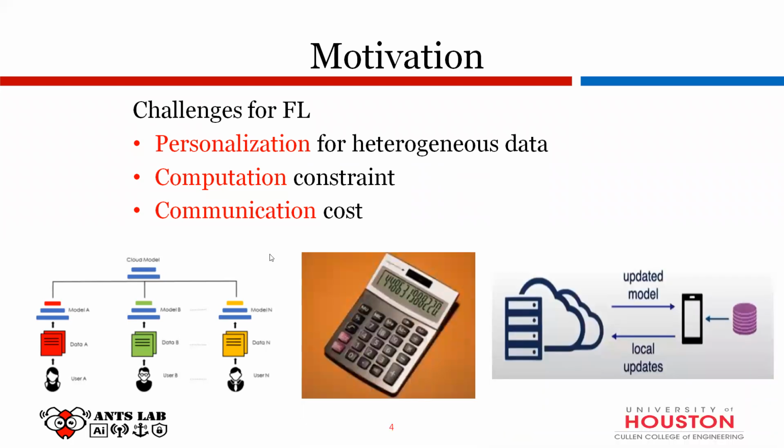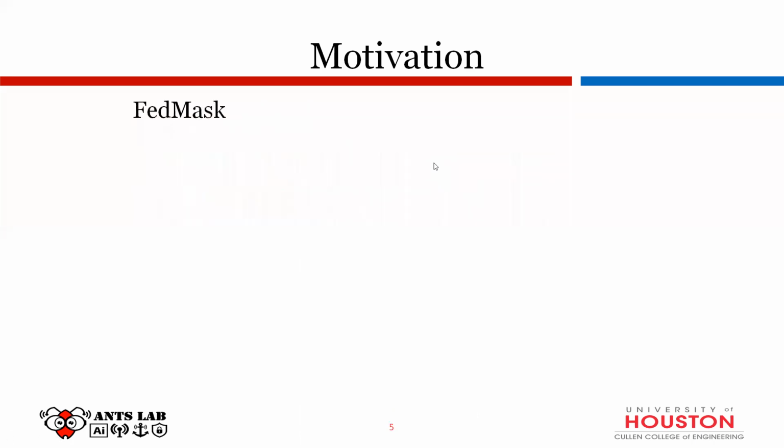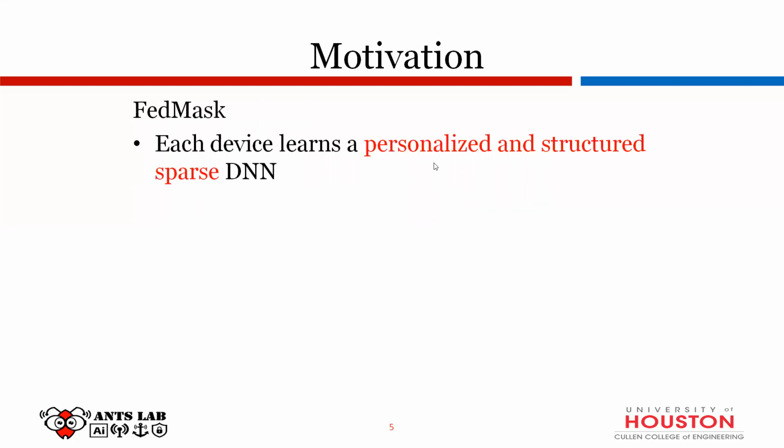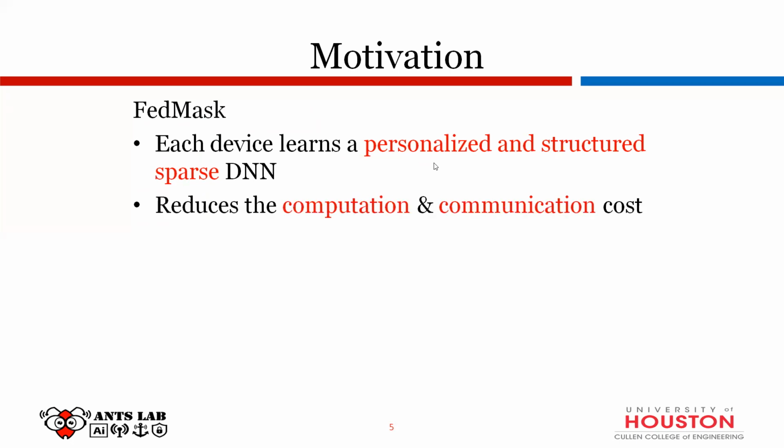Here are some figures, for example, showing how these are affected, and also why these are challenges for federated learning. So for this paper, FedMask, we want each device to learn a personalized and structured sparse DNN, which reduces the computation and communication costs.